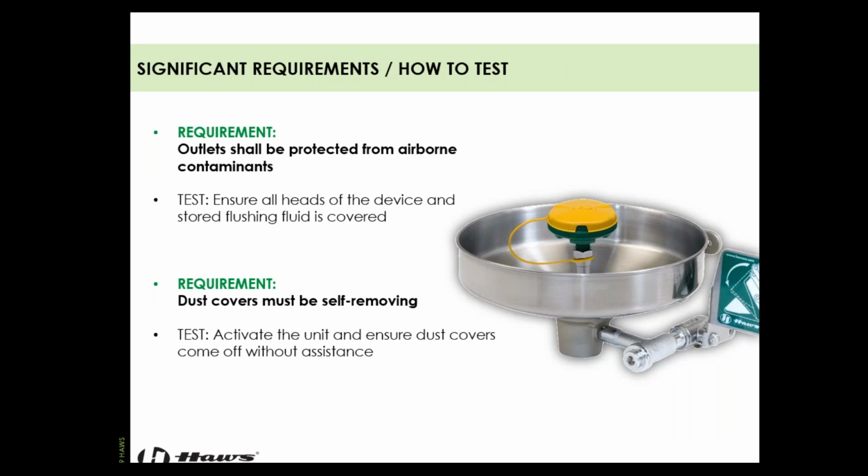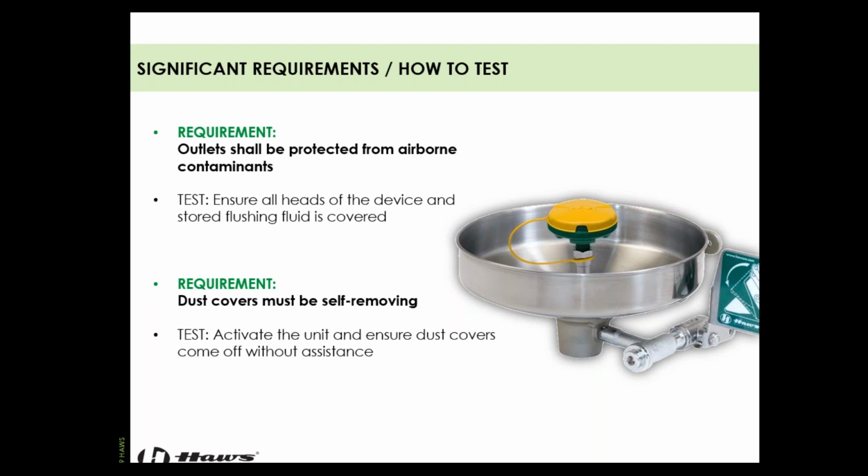The outlets need to be protected from airborne contaminants. This is just dust covers. We have to make sure that the heads of the device are covered and any stored flushing fluid is covered to avoid any contaminants from getting into the head and blocking it, or into the tank and potentially clogging it from the inside, or creating a nasty environment that stuff can grow in.